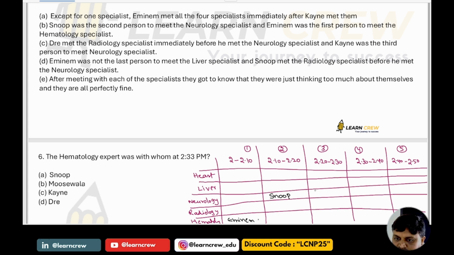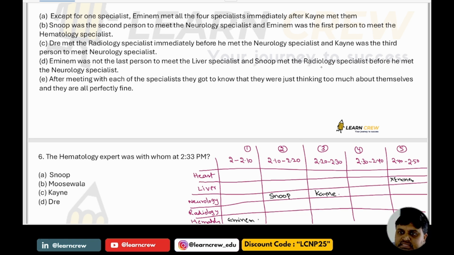So Kane was the third. Next, Eminem was not the last person to meet the liver specialist. It is not Eminem. This is what is given. The last slot is not Eminem.